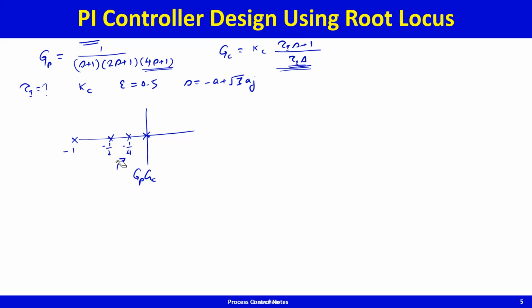This is the one that I'd like to cancel, so choose tau I equal to 4 minutes. If I choose tau I equal to 4 minutes, then the zero will be right on top of it, and so the pole-zero combination cancels out, and I'll remove this.